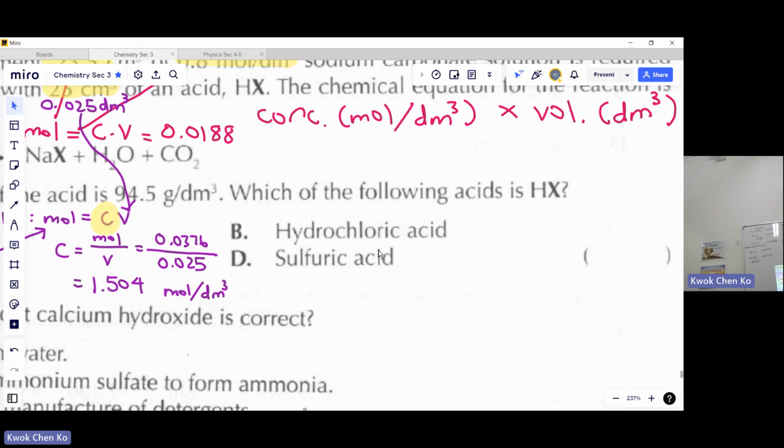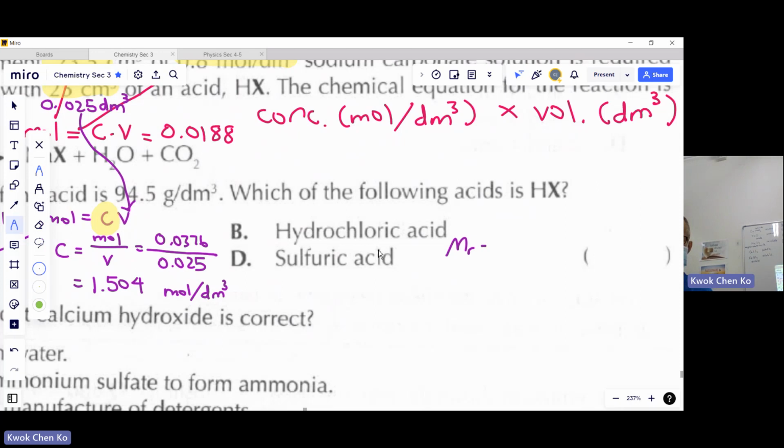So for the last part, you want to find out what's MR, right? For this question, that is the last part that you need to do. Let me write it down here on the screen as well.